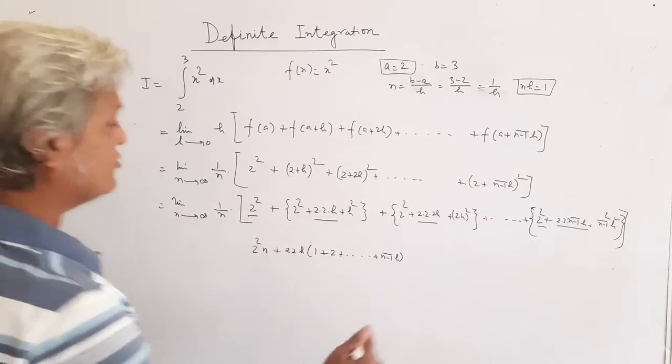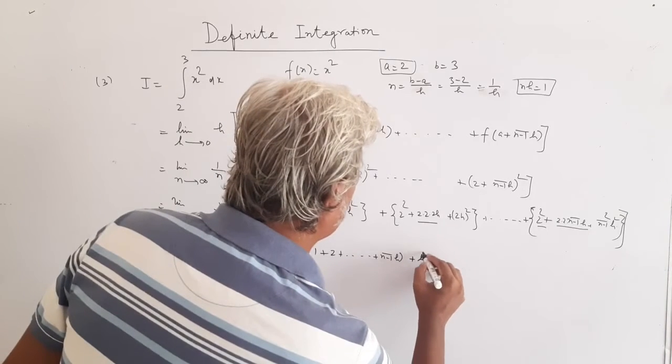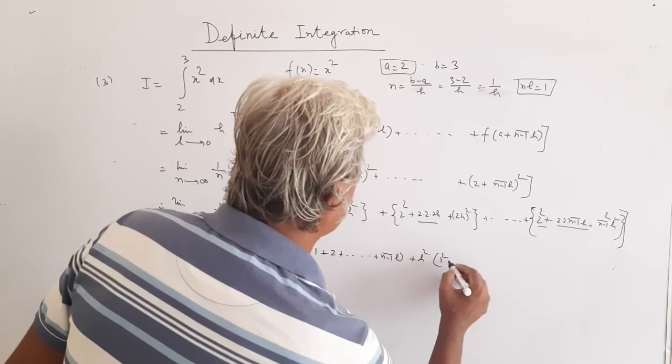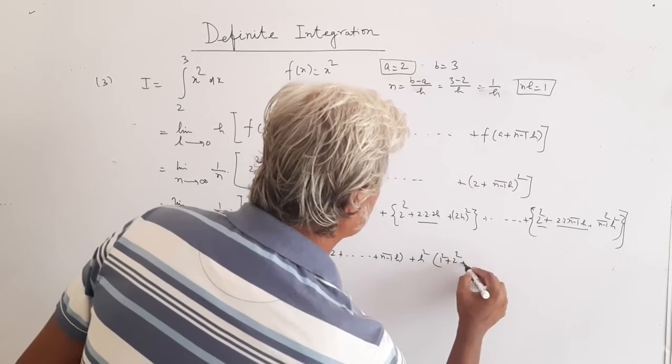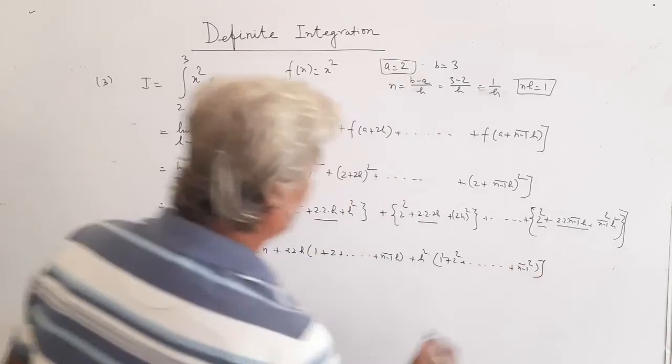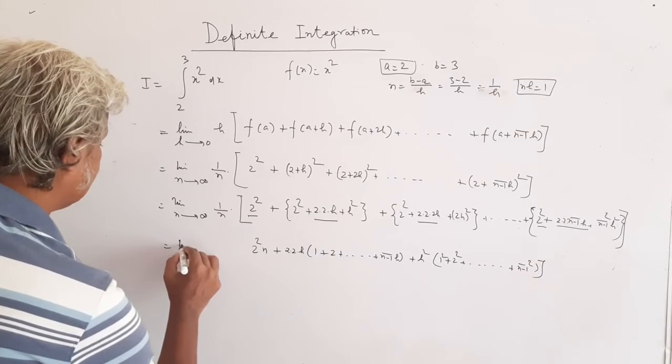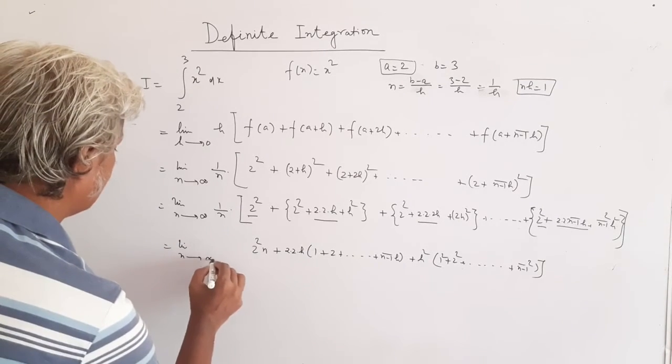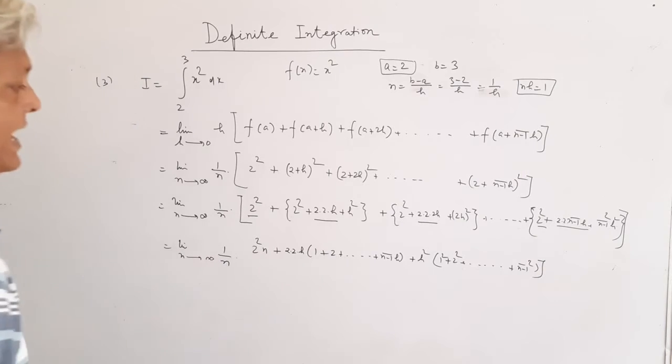So if you take h square common, what you get? 1 square plus 2 square plus dot dot dot plus (n minus 1) whole square, and there you write limit n tends to infinity 1 over n.